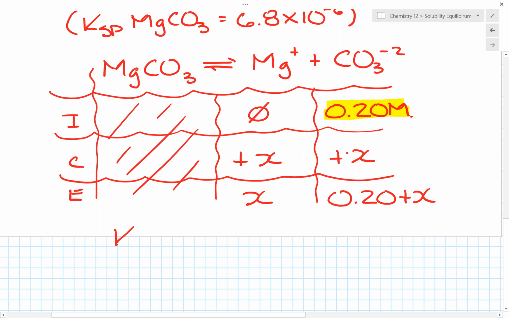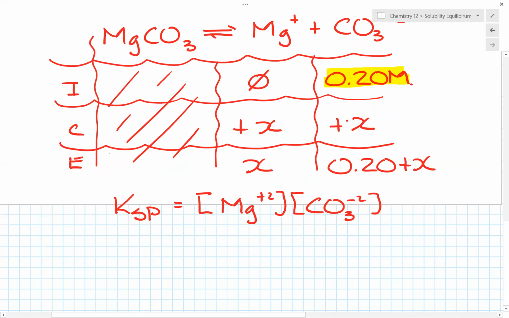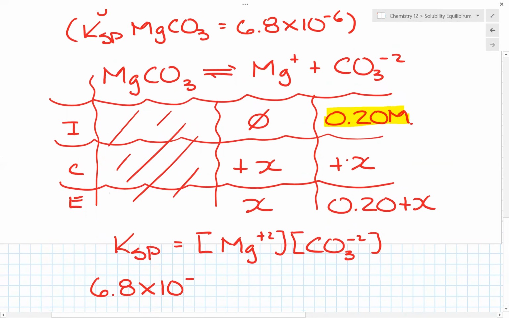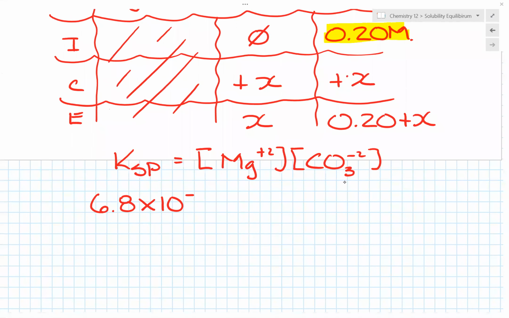And so you have Ksp is equal to the concentration of Mg2+ times the concentration of CO3 2-. And so you get 6.8 times 10 to the negative 6, which is equal to x times 0.2 plus x.